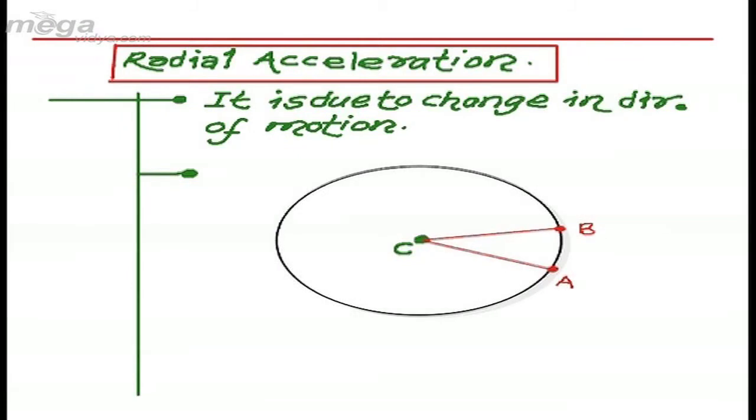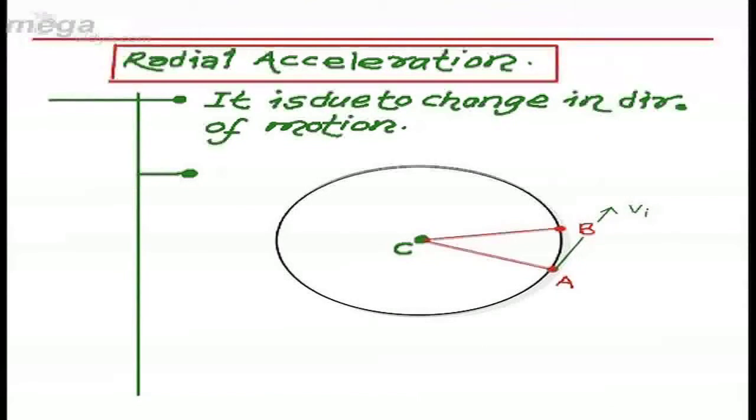If the tangential velocity at its initial position A is considered, then it was in this direction, having magnitude V. We can call it V initial.